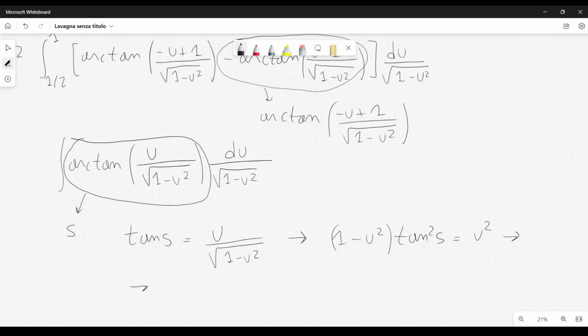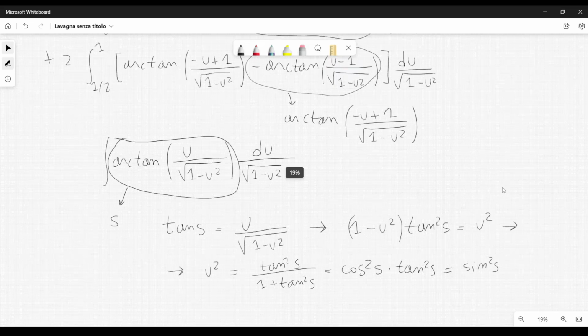From here you can solve for u, you get u squared equal to tangent squared of s divided by 1 plus tangent squared of s. But 1 over 1 plus tangent squared of s, you can easily calculate it. You can see that this is equal to the cosine squared of s, and therefore we still have to multiply by tangent squared of s. But this is equal to the sine squared of s.